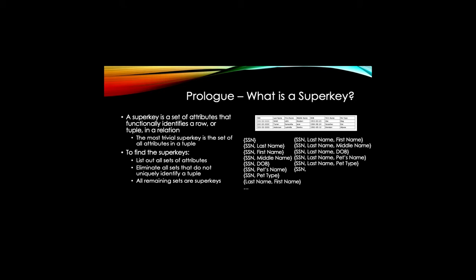So in doing that, we come up with one or more elements that will get us back one specific entry in this table. And I know this is kind of hard to read. This is social security number, last name, first name, middle name, date of birth, pet's name, and pet type.